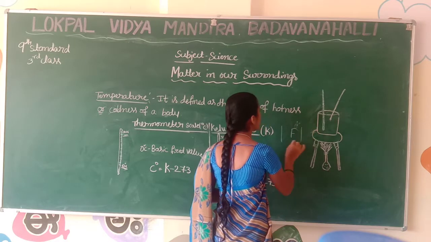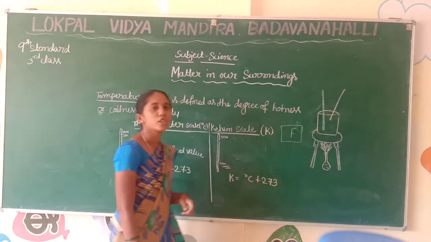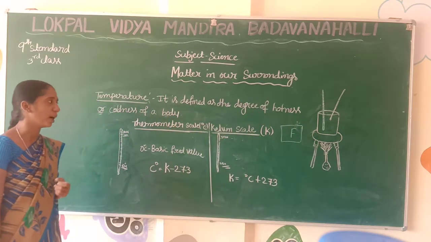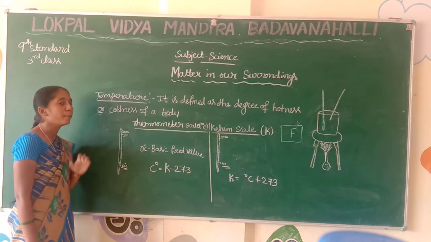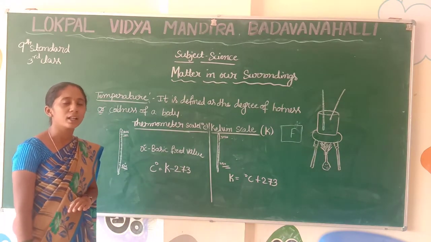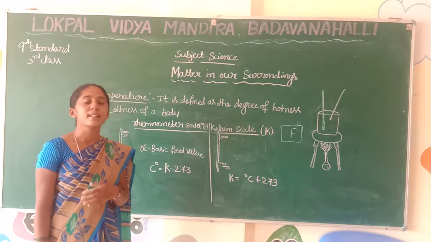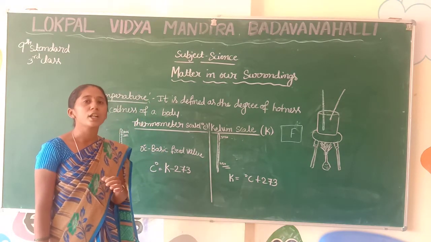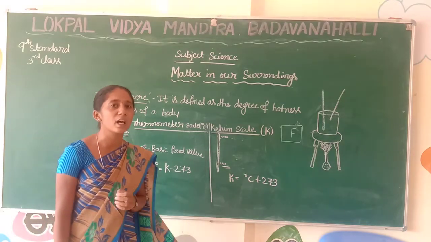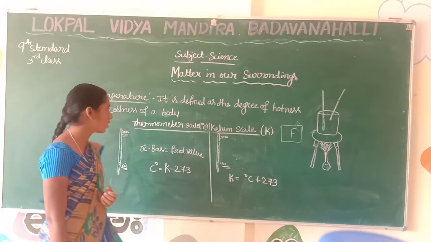These are the three scales we use to measure the temperature of the body. Students, temperature means not only hotness or coldness of a body, it also means the extent of movement of the atoms in a substance, that is also called the temperature.